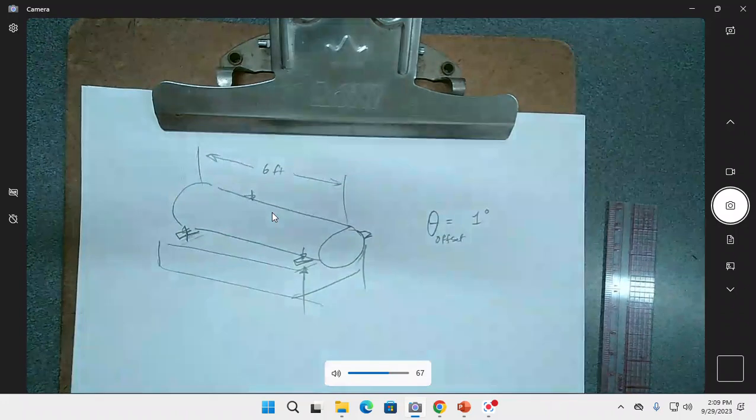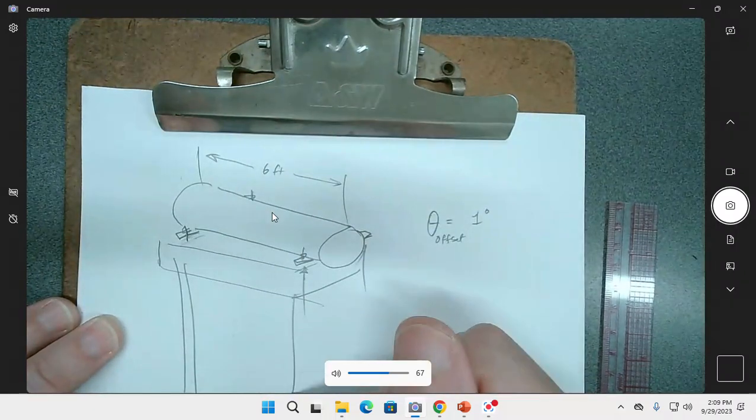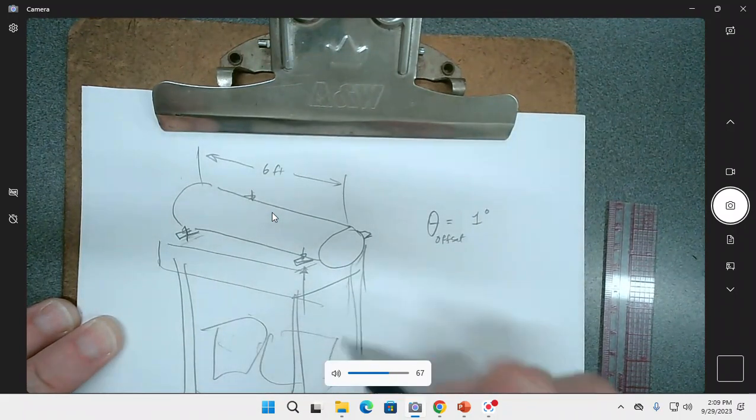I can picture this on board a ship. A lot of times it could be a refrigerant condenser, because they usually stack the equipment right on top of each other, so there'd be a compressor and a motor right underneath it.